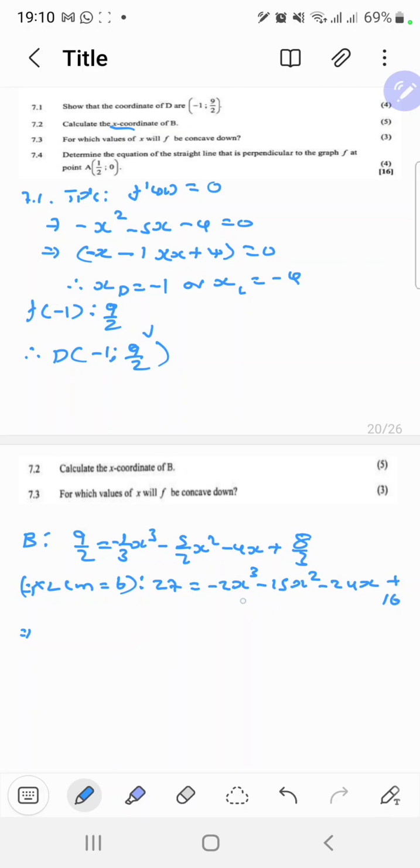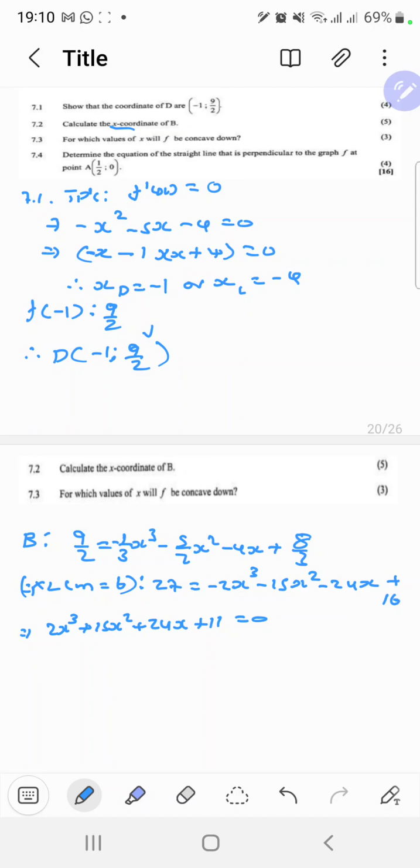Now we can start working our magic here. We take this to this side, so it becomes 2x cubed, and then plus 15x squared, and then plus 24x, and then when we bring in 16 to that side, so we have 27 minus 16, we get plus 11 is equal to 0.